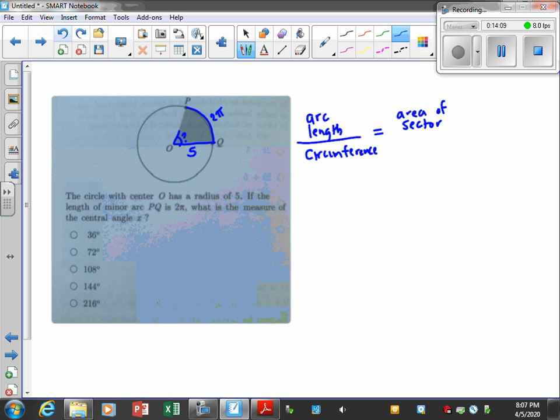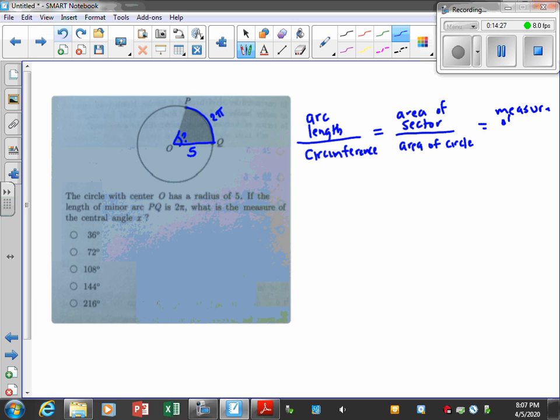It's hard to write these things small, so just kind of bear with me. And these are just proportions, which that's also measure of an angle.